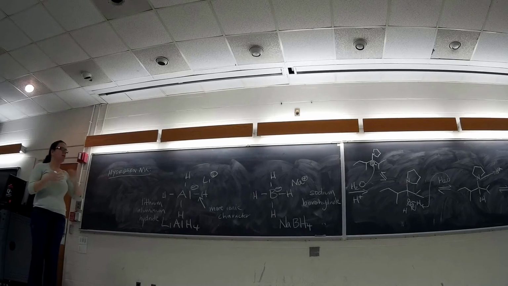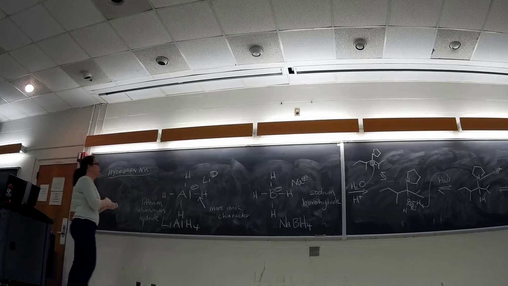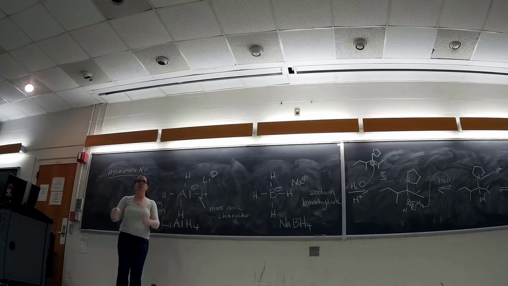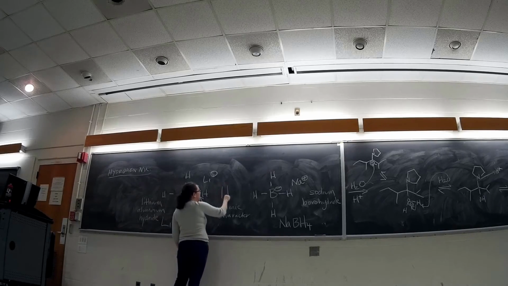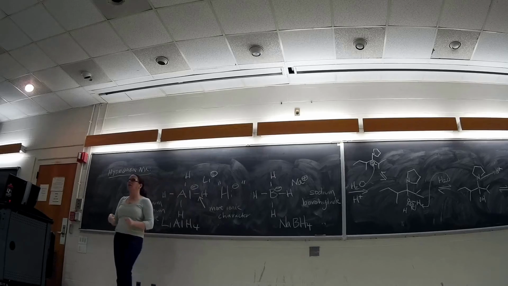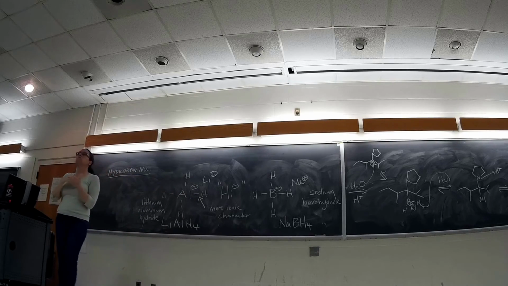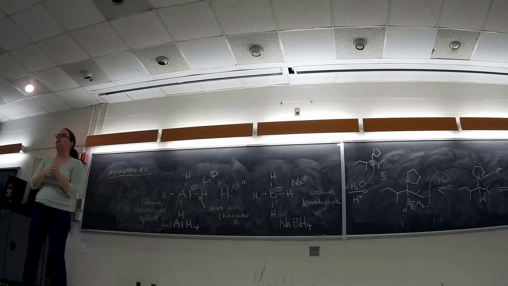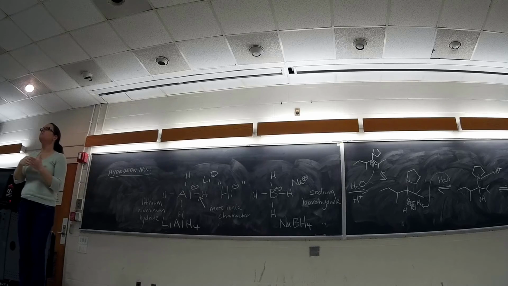Hence, this bond has more ionic character. It's more reactive, but really what I would say is that it has a higher population of hydride in solution, okay? So there's more hydride available, and it's much more reactive.